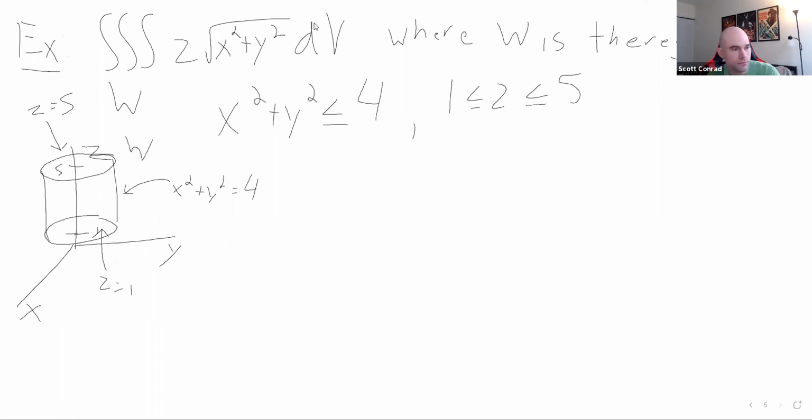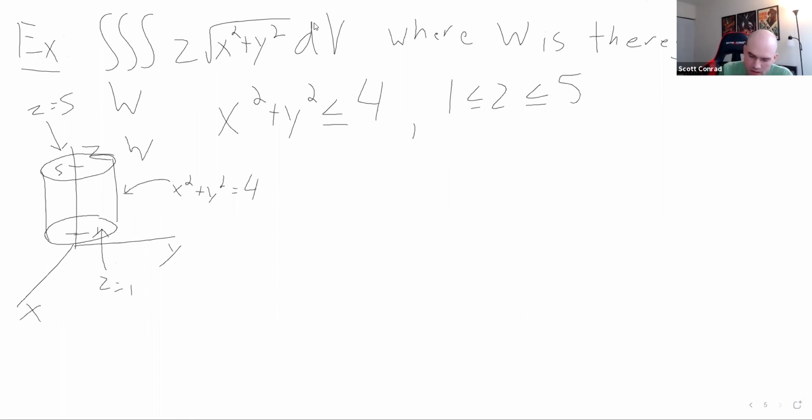Okay. So let's convert to cylindrical coordinates because this is a nice region with radial symmetry. It's bounded by a cylinder and planes. That is a classical region where cylindrical coordinates is useful. I mean, it's got the name in there, cylinder.